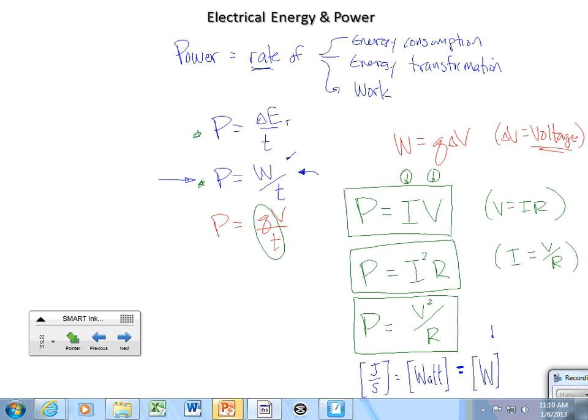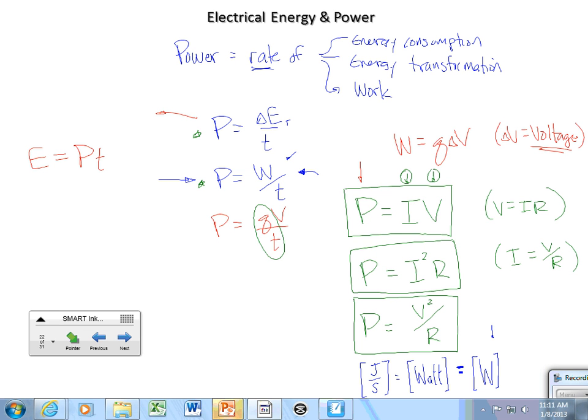Now, energy, if we go right from here, this means that energy is just power times time. So we can talk about how much energy something consumes if we know how much power it dissipates and how much time it's been doing that.